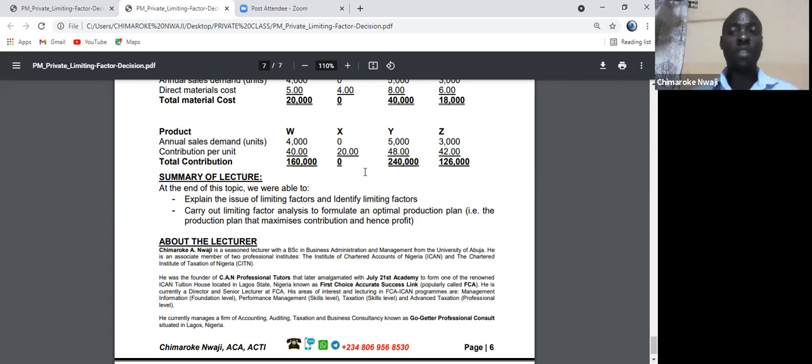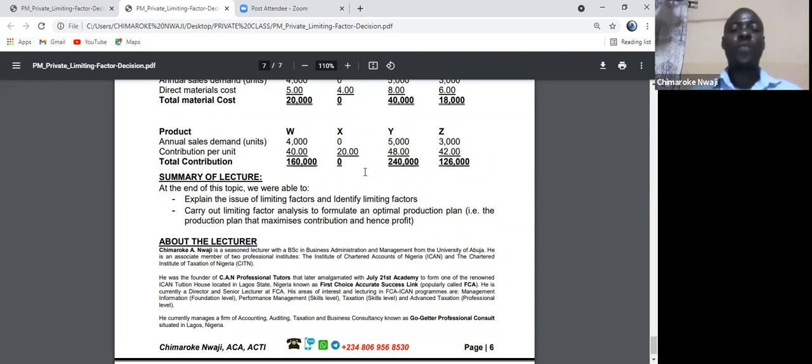We checked what is required of that scarce resource to fully produce our annual demand, and then we check how many of these scarce resources in total is available. When the requirement exceeds what is available, it means there is a scarcity. That is the limiting factor.